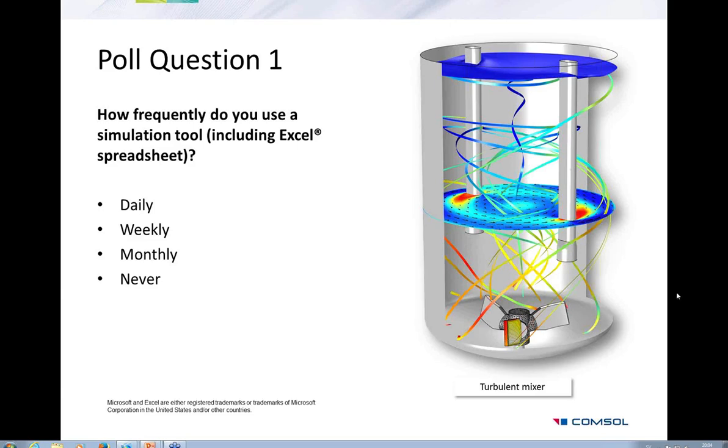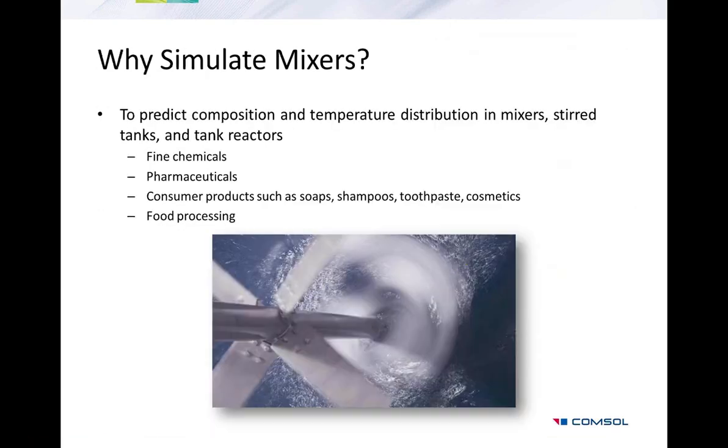So why do we simulate mixers? Well, the simulation of such allows you to predict the fluid flow, composition, and temperature distribution in mixers and stirred reactors. But it isn't so much the manufacturers of mixers that are interested in simulating them. They could, I suppose, if they wanted to design different options or test different materials and the like.